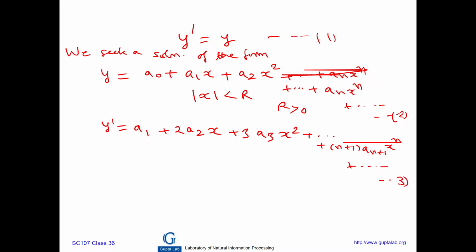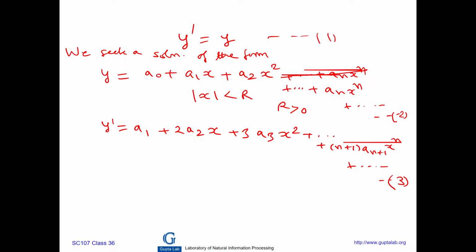This is equation 3. Now these two equations should be same because y prime is equal to y. So we can compare the coefficients, the powers of x. So a1 will be a naught, then 2a2 is equal to a1, because the power of x is same. Similarly, power of x square should be same.